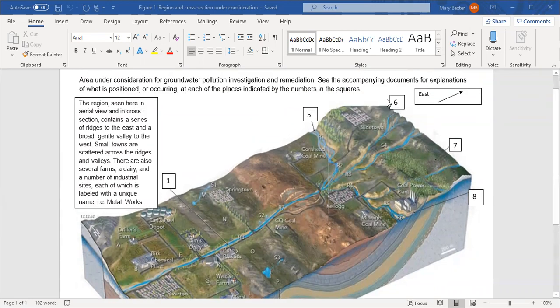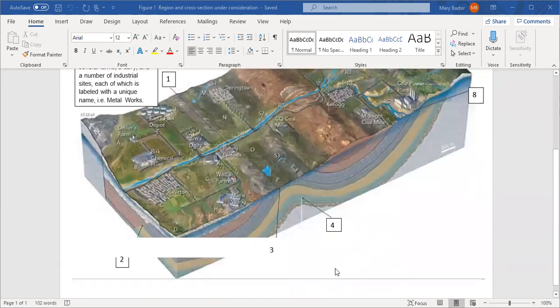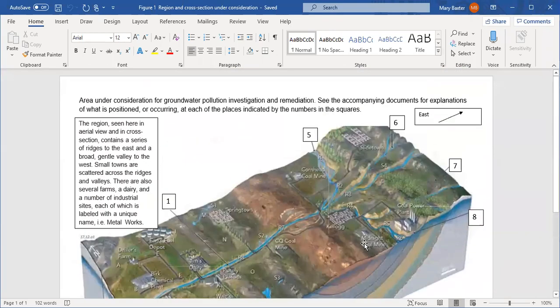So these numbers 1 through 8 here on this diagram, they have descriptions for what's going on at each of those sites on that document that I was just on, the information and procedures document. Okay.